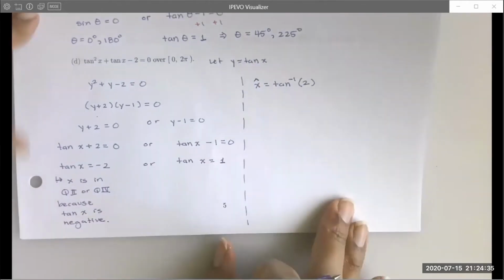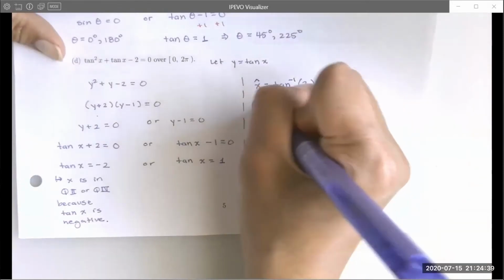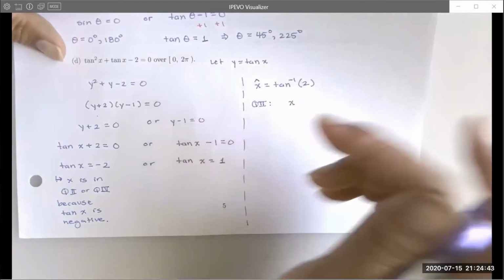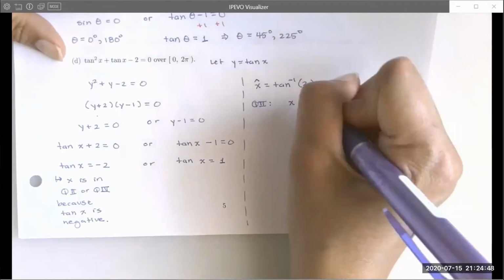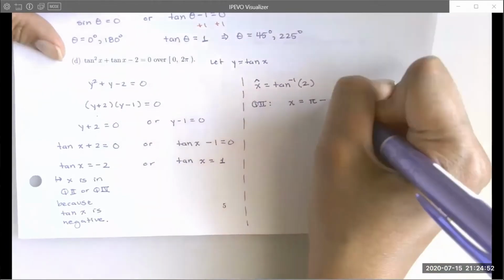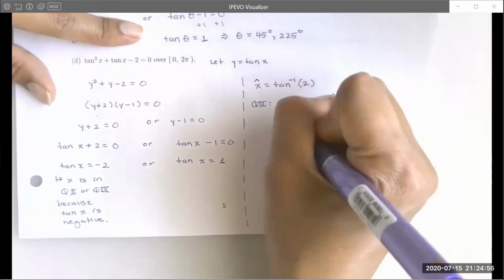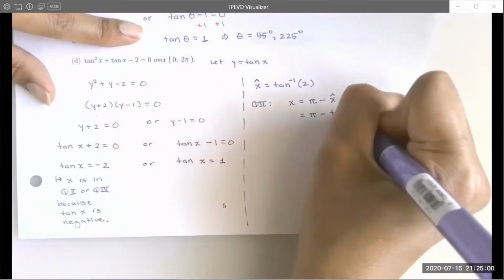Okay. All right, so in quadrant number 2, in order to get an angle from the reference angle, remember we would have to do 180 minus the reference angle, or in radians it would be pi minus the reference angle. So that's going to be pi minus tan inverse of 2.